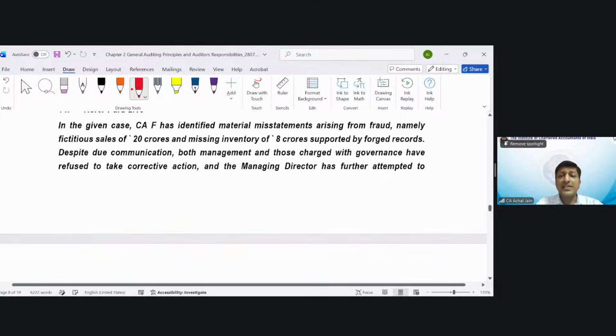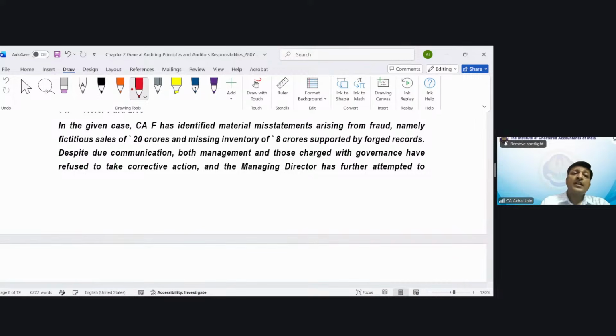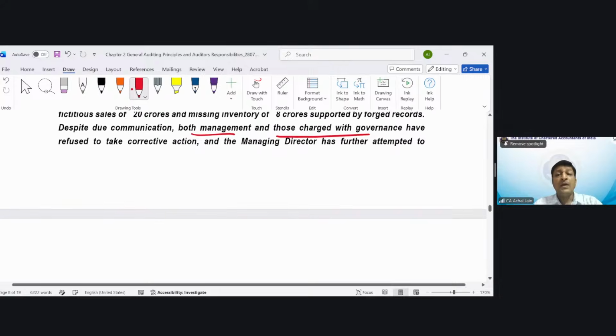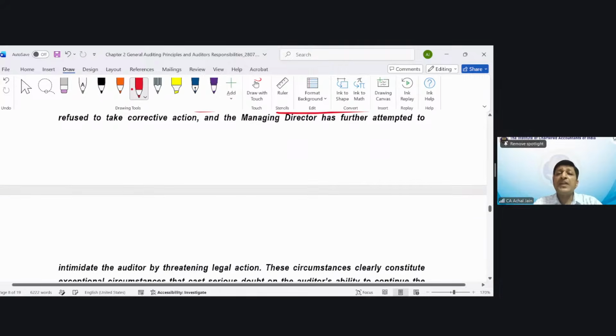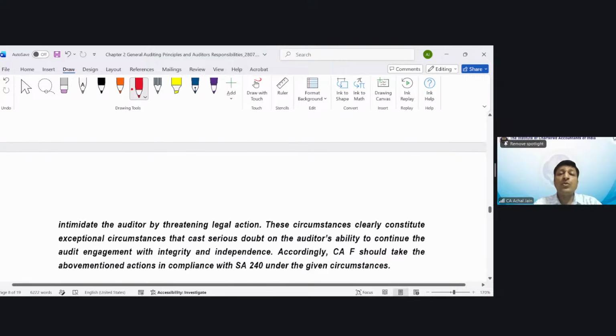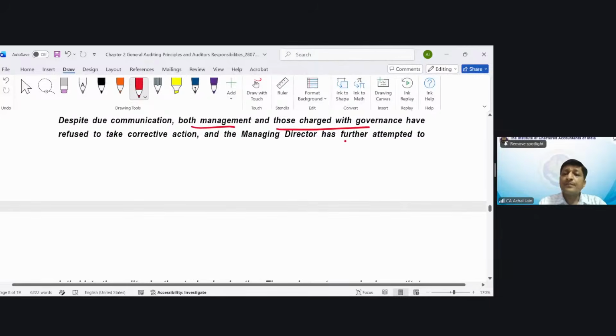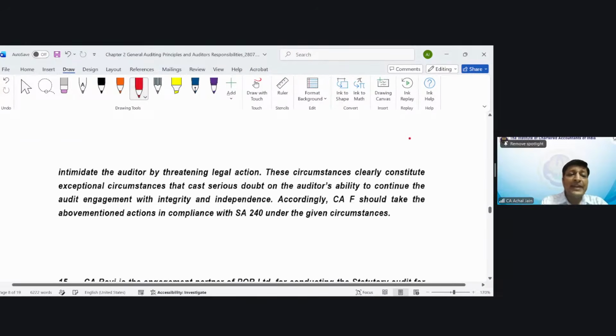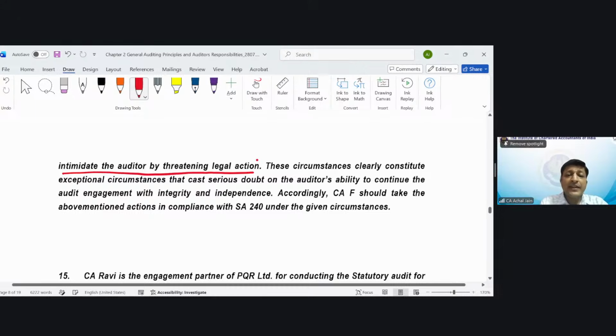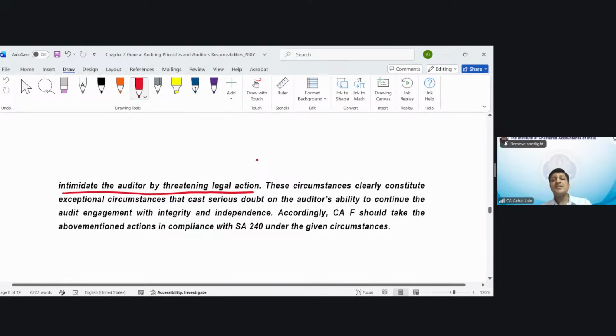In the given case, CAF has identified material misstatement arising from fraud, right? Yeah, undoubtedly. Despite due communication, both the management and TCWG have refused to take corrective action. Further, you see this MD of the company attempting to intimidate the auditor by threatening legal action, which is a serious concern.